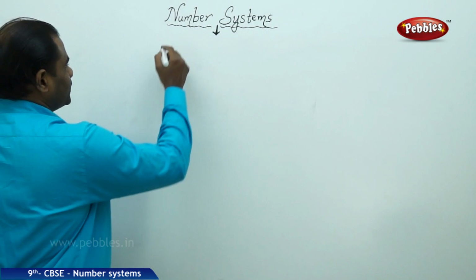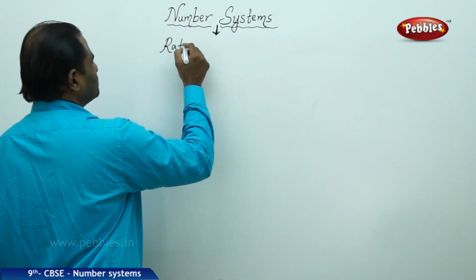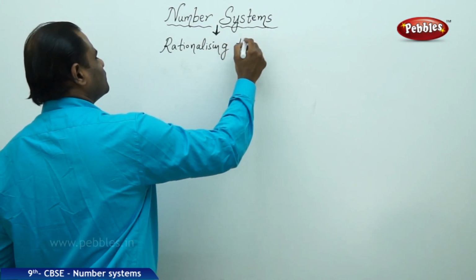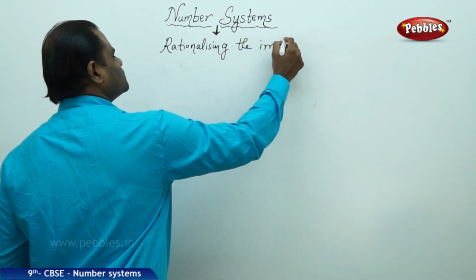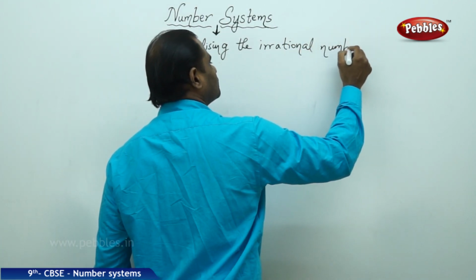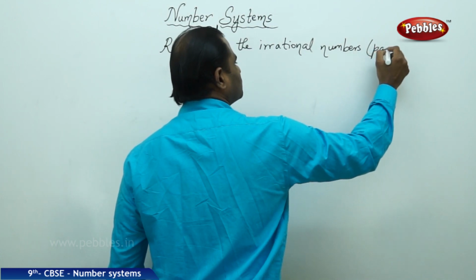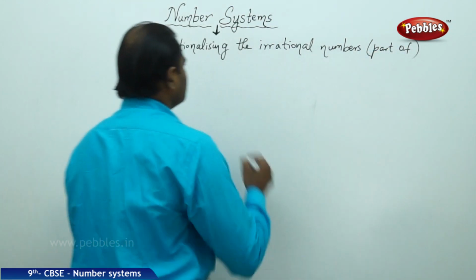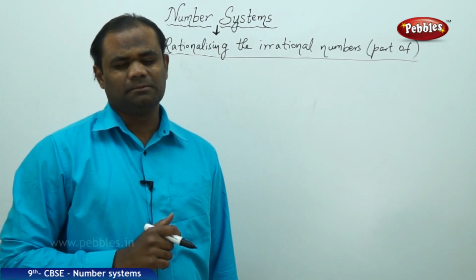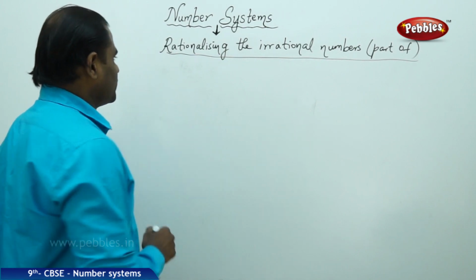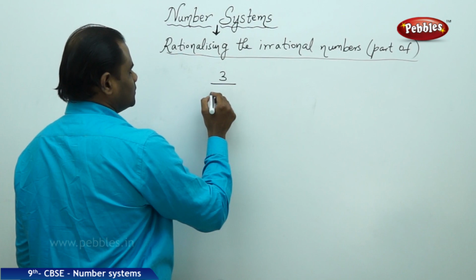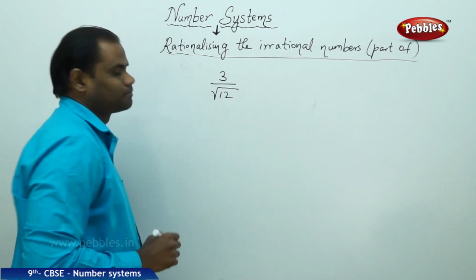So the concept here is rationalizing the irrational numbers. Let's see how this can be done. So for example, I have a number 3 by root 12.